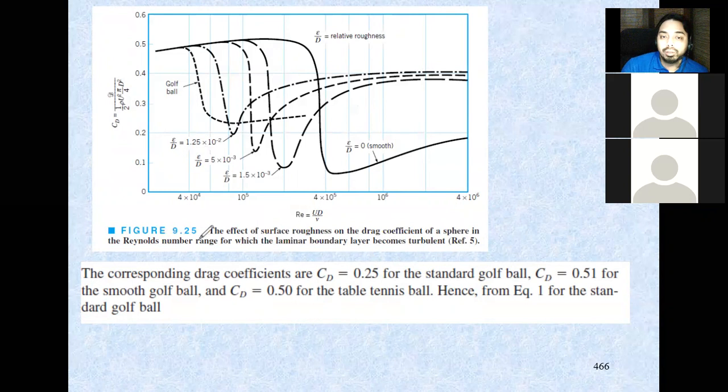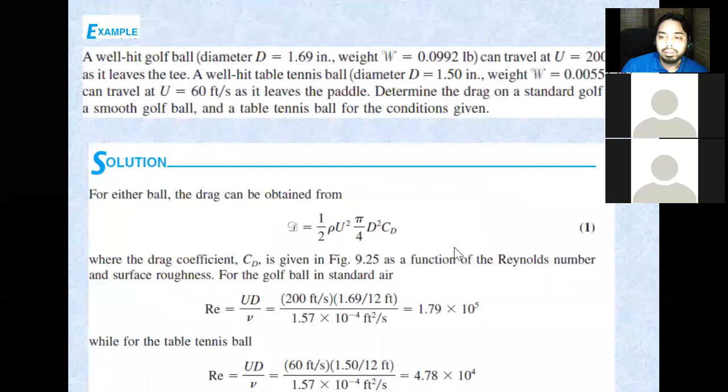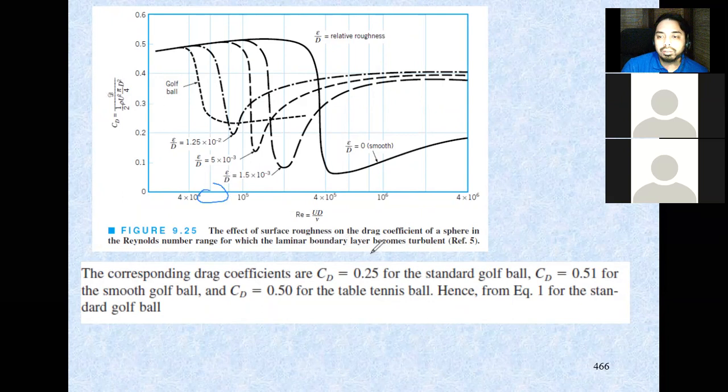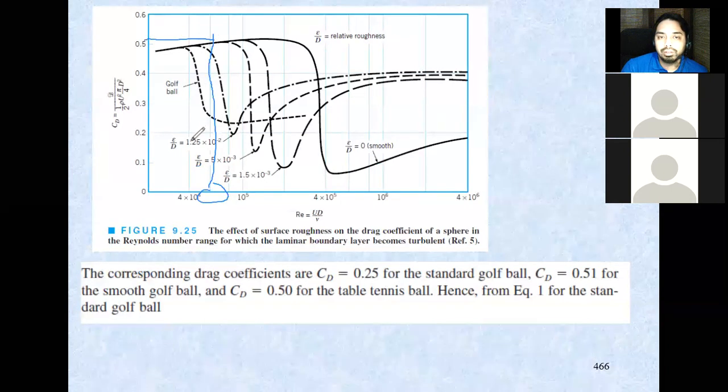Okay, so if we take the previous one, 1.79 times 10 to the power of 5, probably around this point. If this is a smooth ball, you have to follow this curve. So you can go up, for example, and then find your CD. So this is for the smooth.